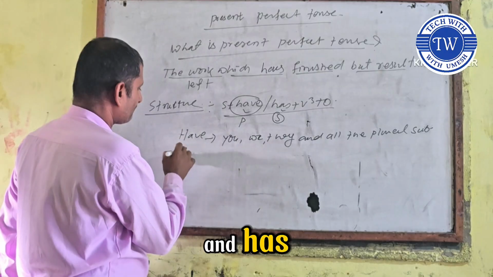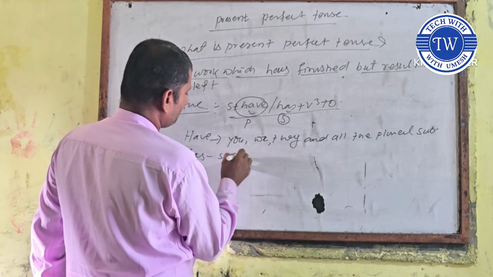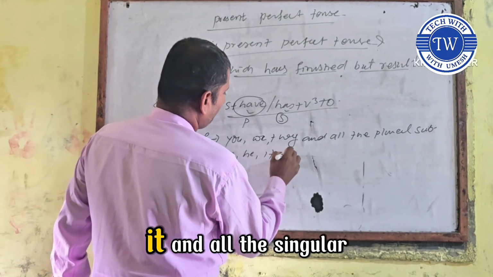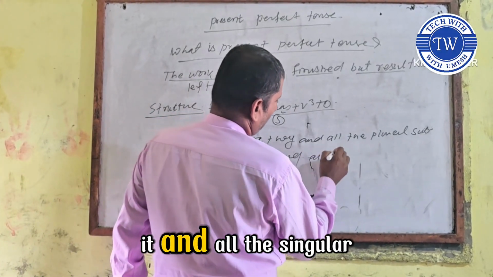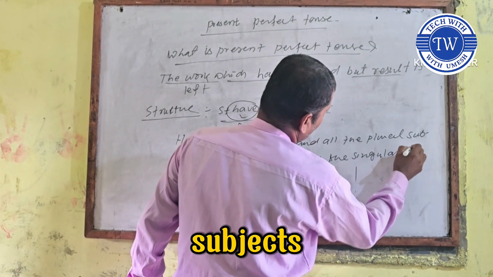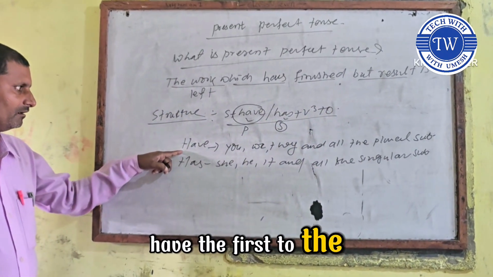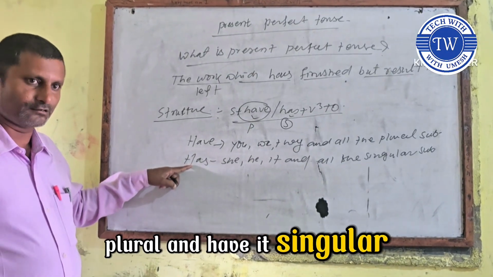And has is used with he, she, it, and all the singular subjects. Have refers to the plural and has is singular.